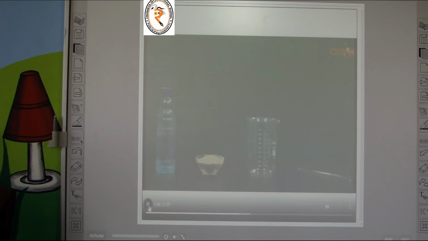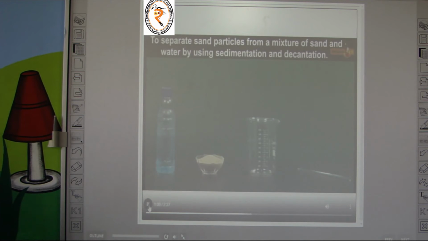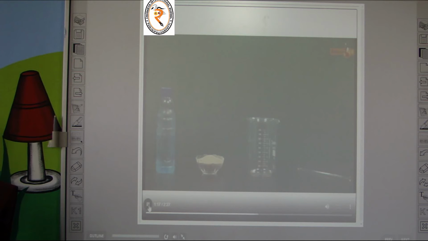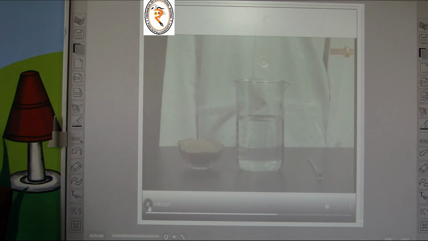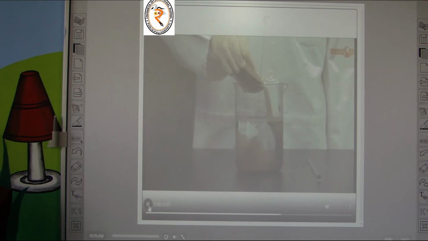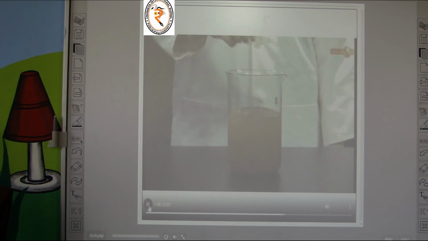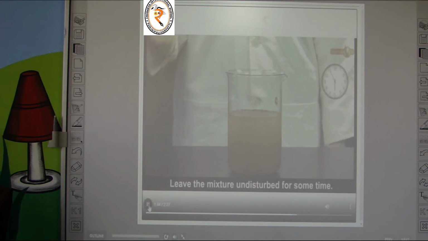Let us perform the following activity to separate sand particles from a mixture of sand and water by using sedimentation and decantation. For this activity, we need sand, water, a glass rod, and an empty beaker. Take a beaker filled with water. Now add some sand into it and mix them with the help of a glass rod. Leave the mixture undisturbed for some time.